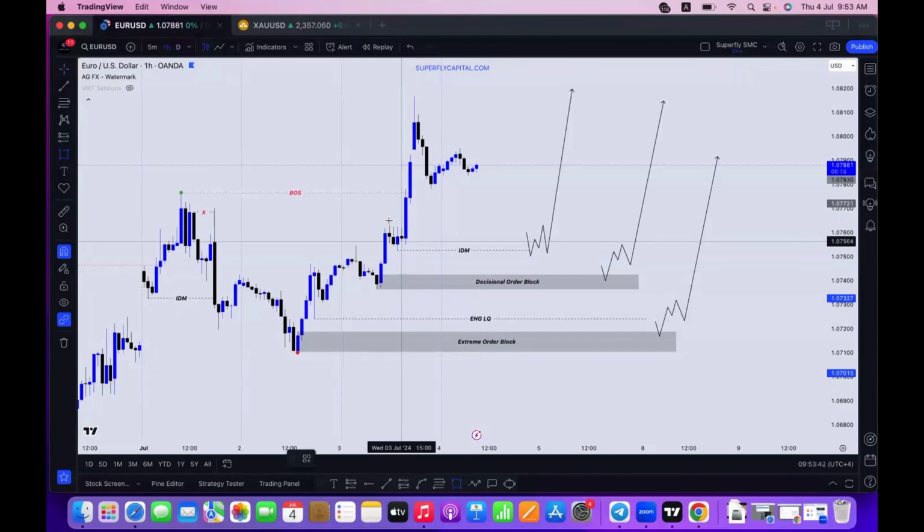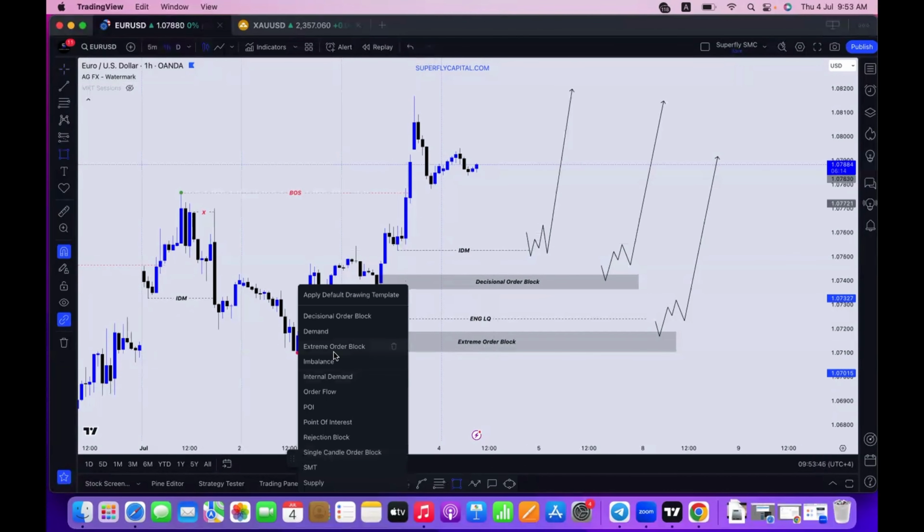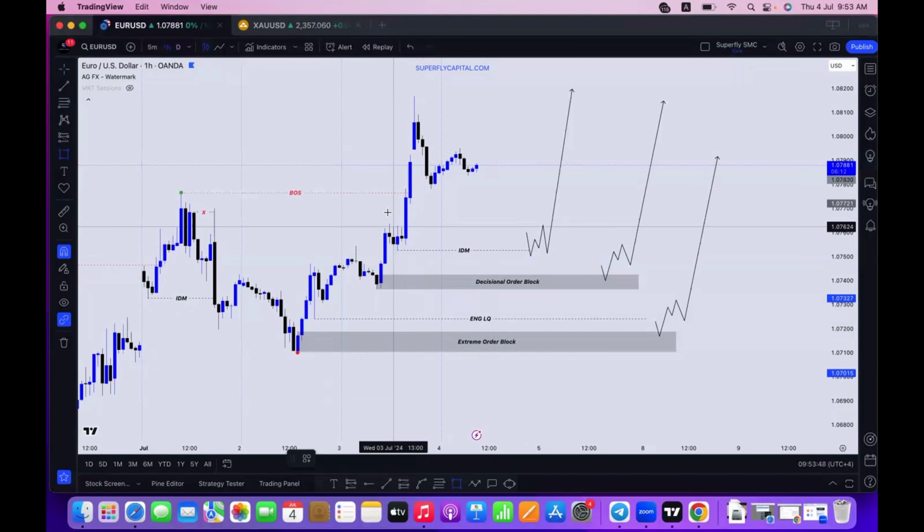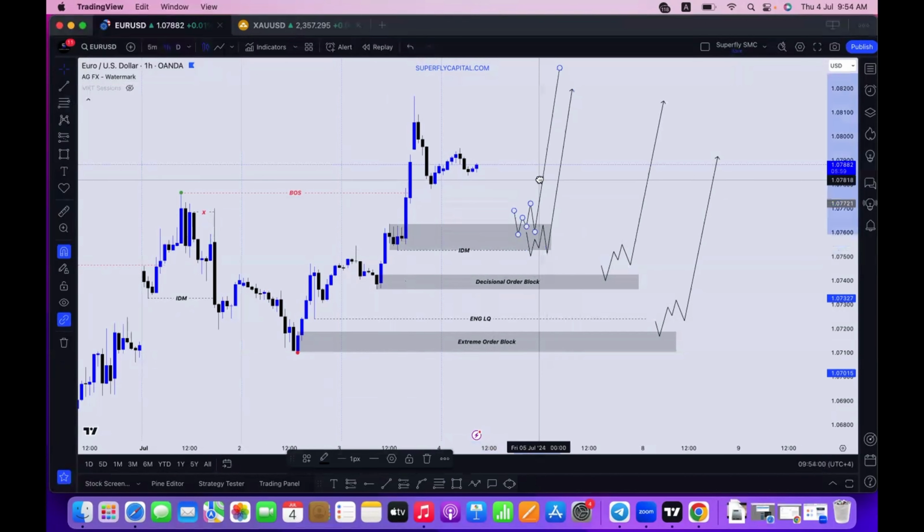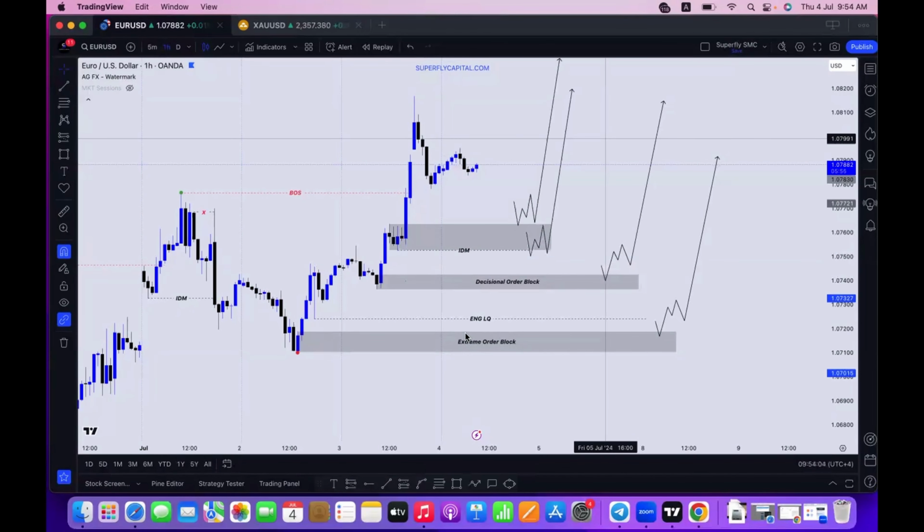So price might just mitigate this order flow if the London session opens on the order flow. Then we can get interest from there. So that's another possibility. You just need to be on the watch and see how price will be delivered during the day. So this is for today. This is all the analysis I have.